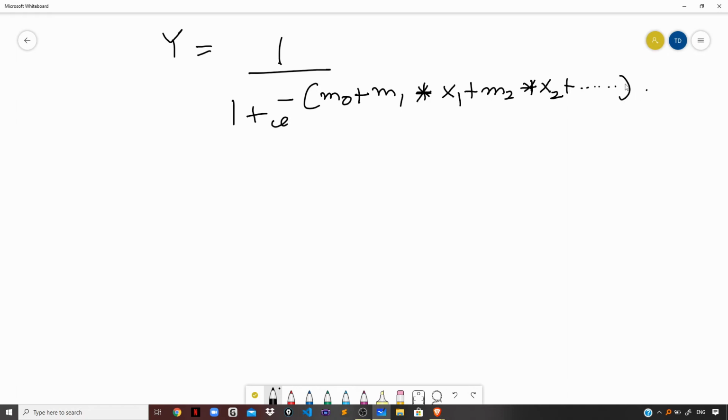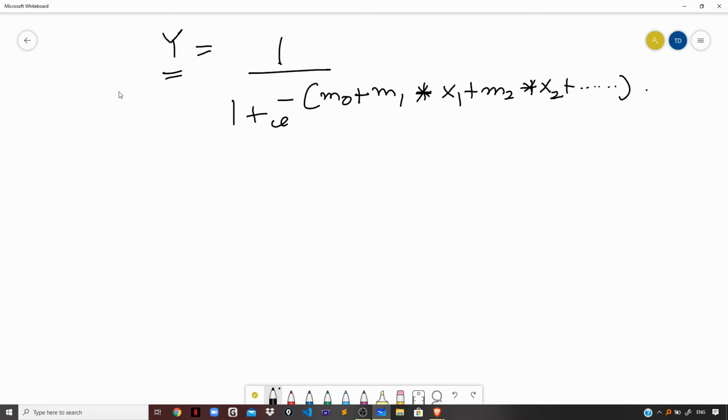As a side note, here the input variable x is not linearly related to your output variable y, as in linear regression. This is a bit complex function compared to the one that we had for linear regression, and here y is your estimation probability.